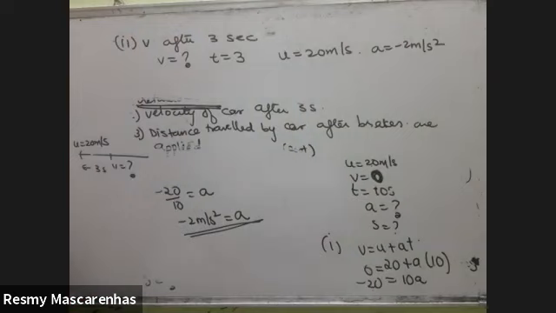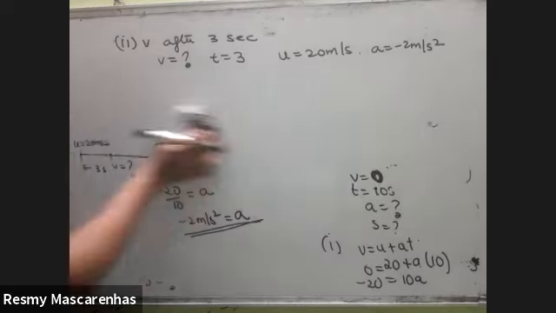Now use whichever of the formulas is applicable, one of the three. The first one is easy to use. A you know, T you know, U also you know. You cannot use the second and the third one because we don't know the distance. Both the third and the second have distance in them.